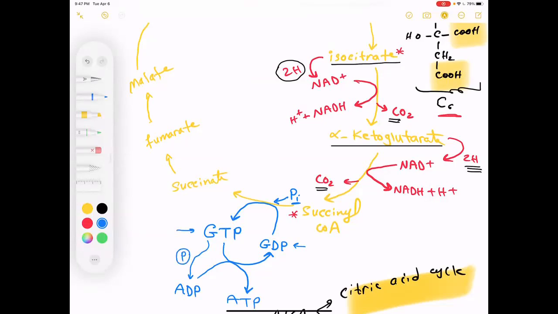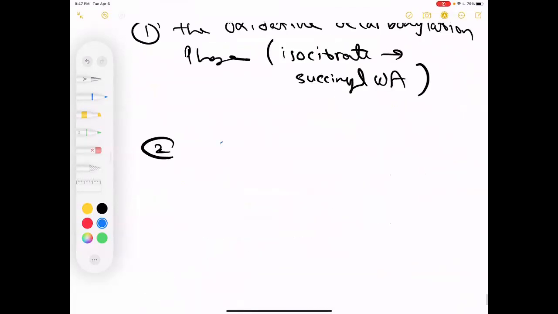The guanosine triphosphate loses that phosphate to adenosine diphosphate. Thus, guanosine triphosphate reverts back to guanosine diphosphate, and adenosine diphosphate received that phosphate and now is adenosine triphosphate. You know what that phase is? That's substrate level phosphorylation. So that's the second phase, substrate level phosphorylation phase.